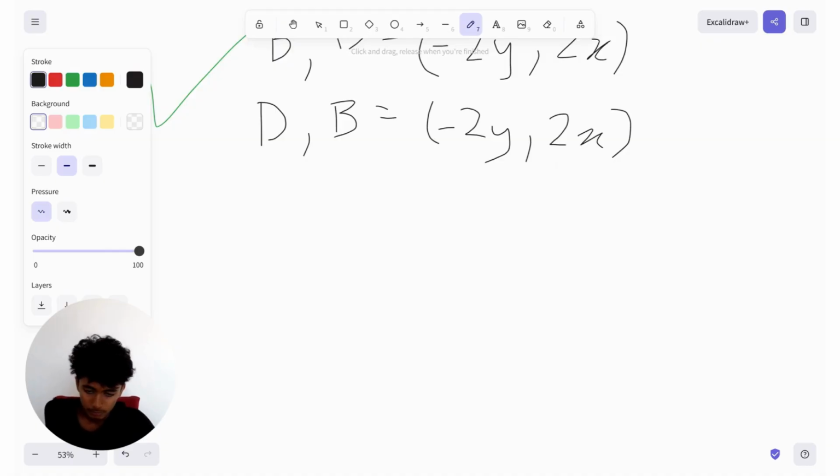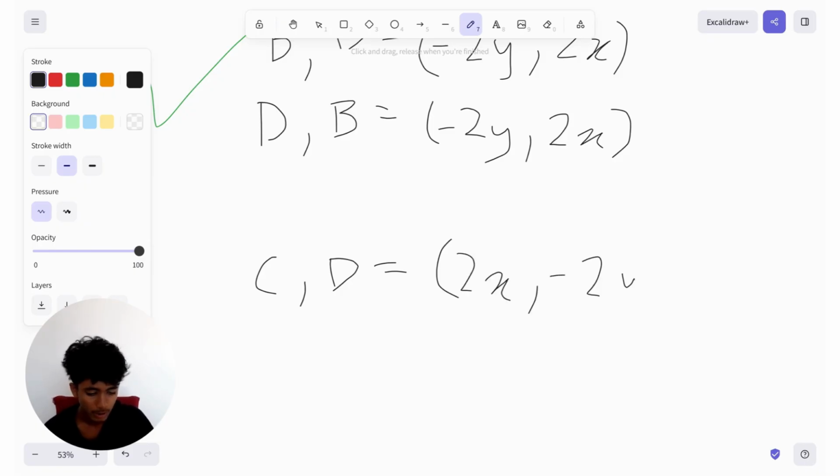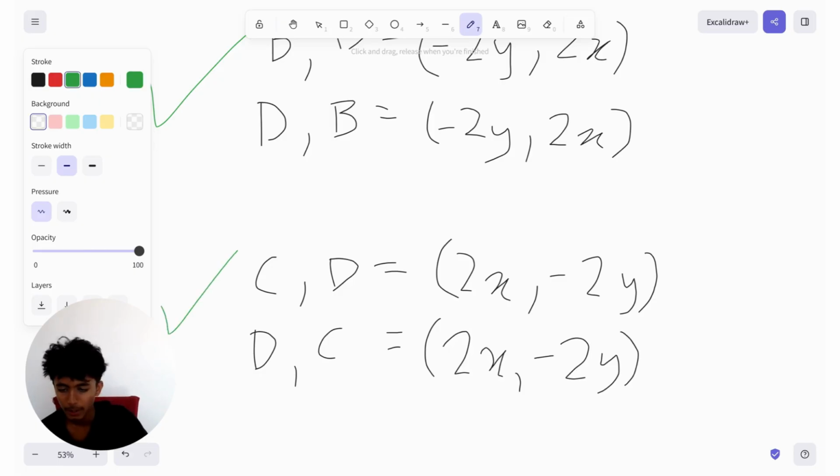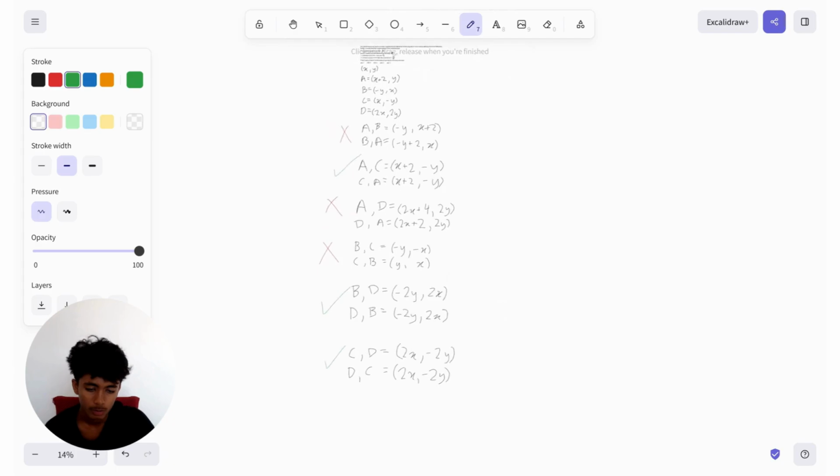So now we have our last case, which is C and D, which is equal to 2x comma negative 2y, and D and then C is equal to the same thing, meaning that that case also works.